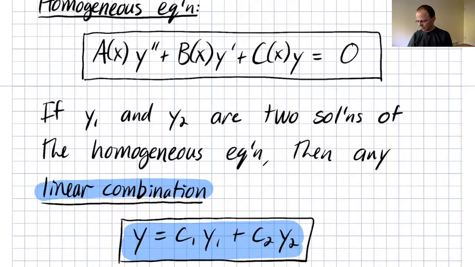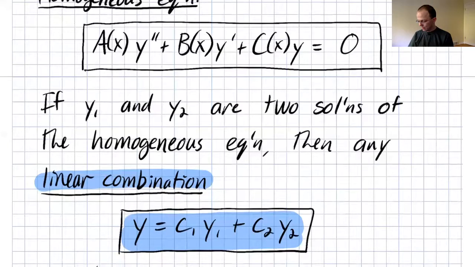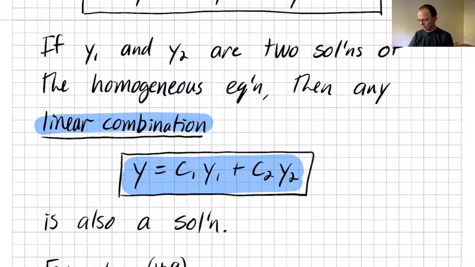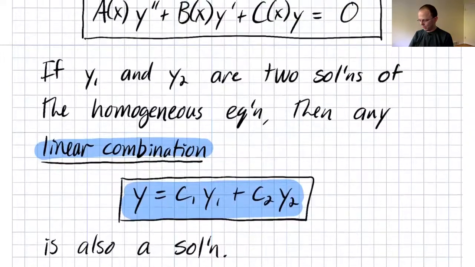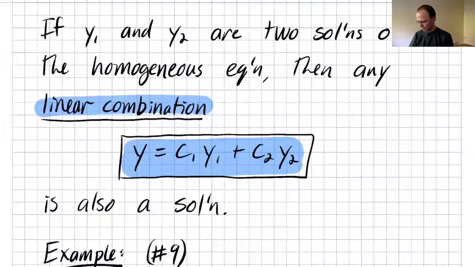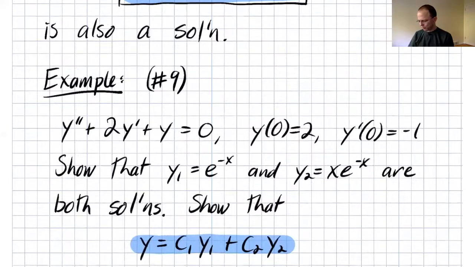Okay, so that's a linear combination. It's like a recipe for y given the ingredients of y1 and y2. So that is also going to be a solution. That is the key property of these homogeneous equations. And we'll do an example of this, and we'll see that indeed this is true.